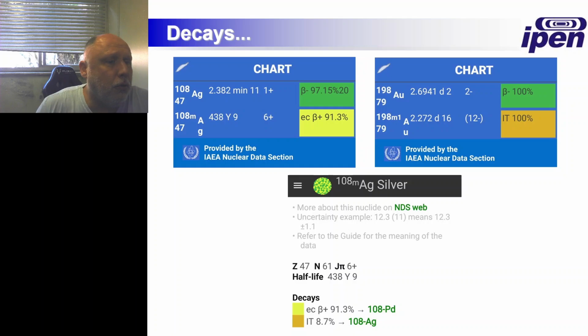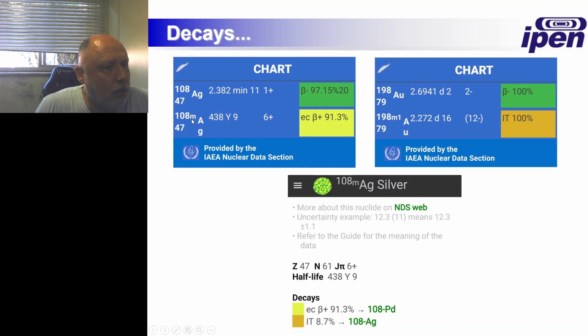And there's an important thing to notice here, just to round up the things we've said. You see that silver 108 has a 2-minute half-life and decays by beta minus. But there's also silver 108 metastable, which has a 438 years half-life.